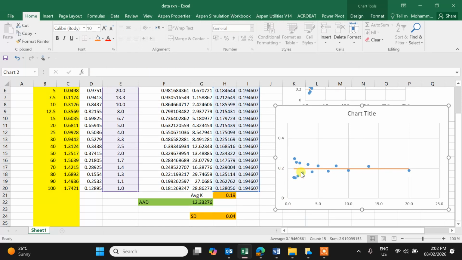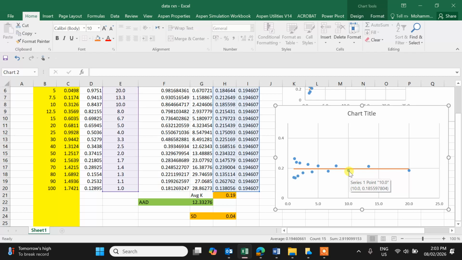So this is the horizontal line, and there is a deviation at a small residence time. Basically, we have more experimental error, and then the rest is almost close to this horizontal line. So there is experimental deviation going on. So k is almost constant with respect to the residence time, which makes sense because k depends only on temperature.